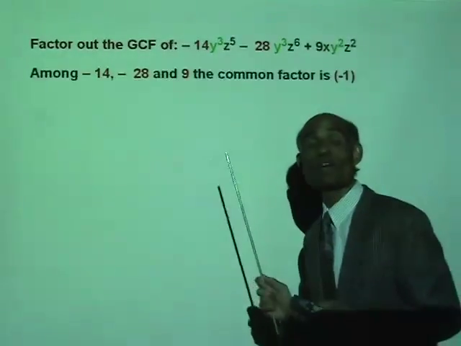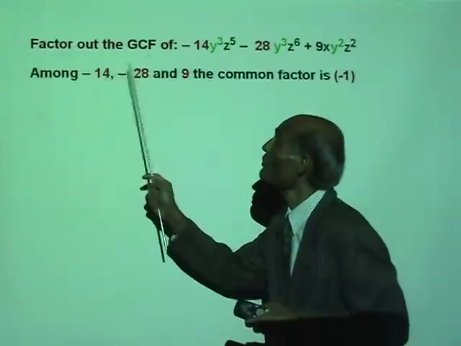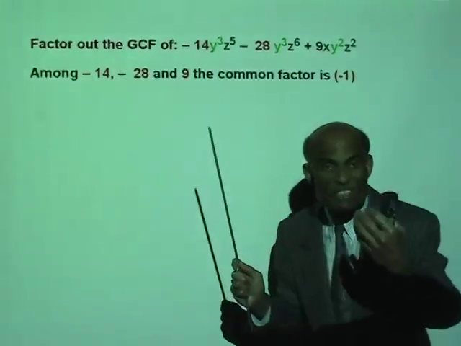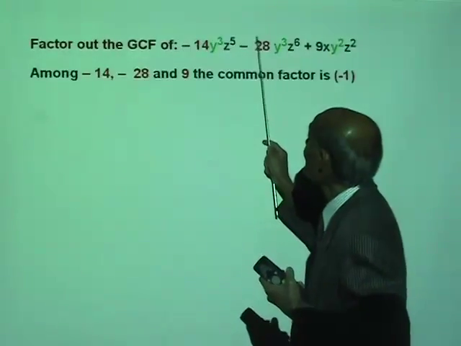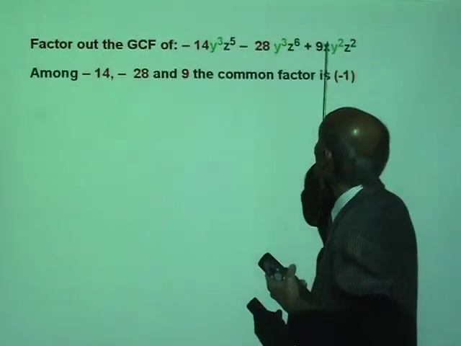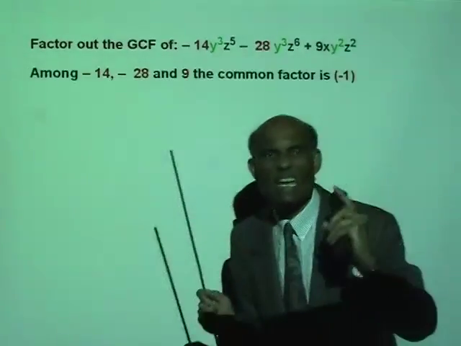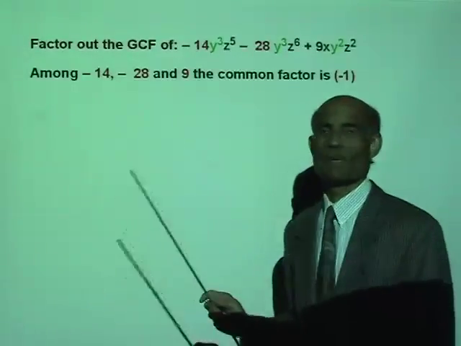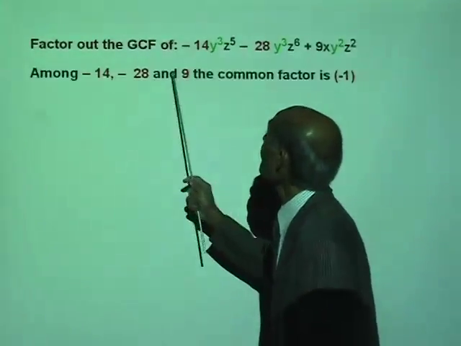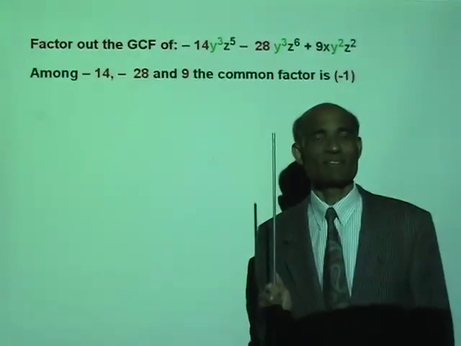Well, look at the way I have identified a common factor. Among negative 14, I have taken the signs along with the number: negative 14, negative 28, and positive 9. I have identified negative 1 as the common factor. Now, where does the negative 1 come in positive 9?